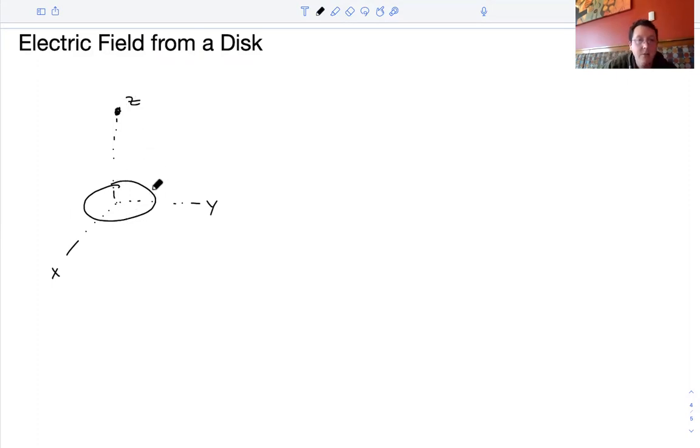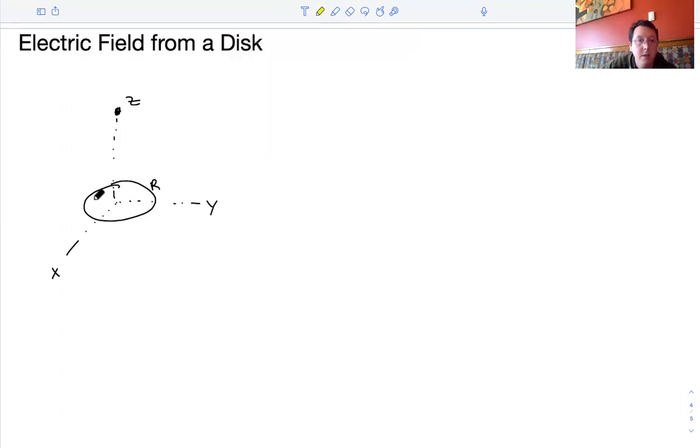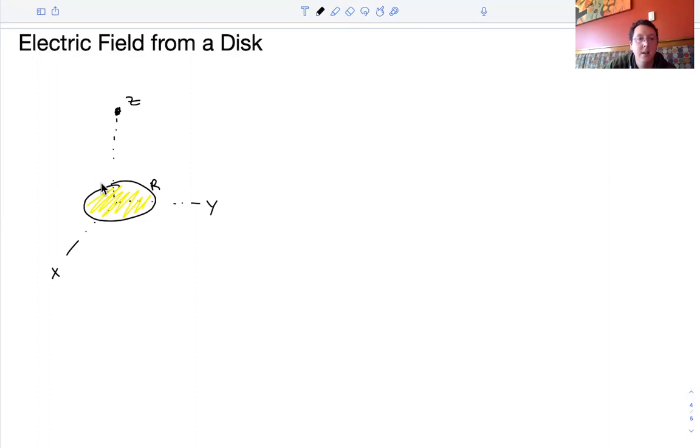We're going to say that the outer edge of the disk has a radius R, but interior points would typically have different radii. So a typical little piece inside wouldn't be at capital R.